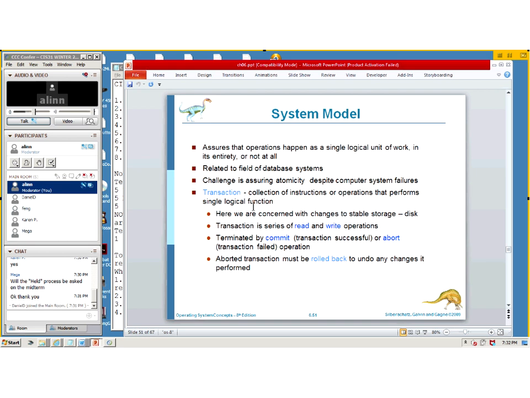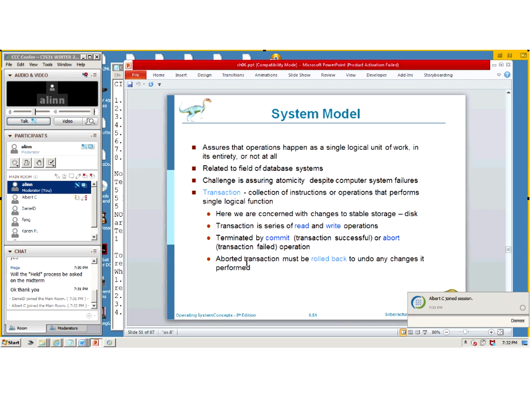It's a collection of instructions that performs a single logical function. Here we're concerned with changes to stable storage or disk. So a transaction is a series of read and write operations terminated by a commit or abort. An aborted transaction must be rolled back to undo any changes it performed. And I'll take you through an example of that.